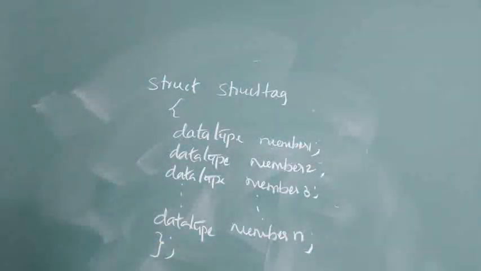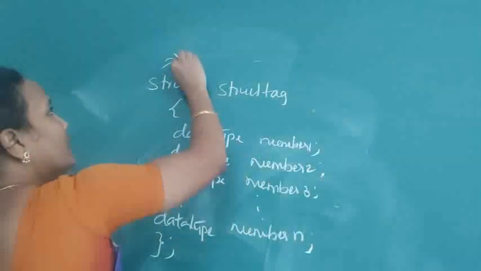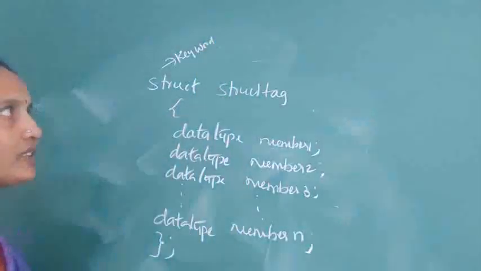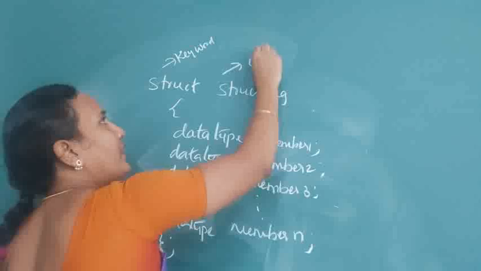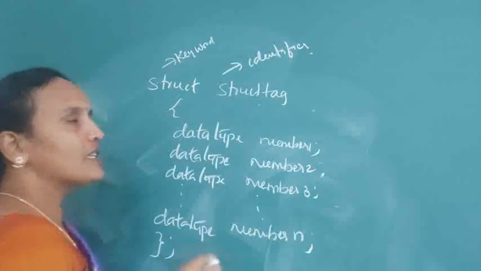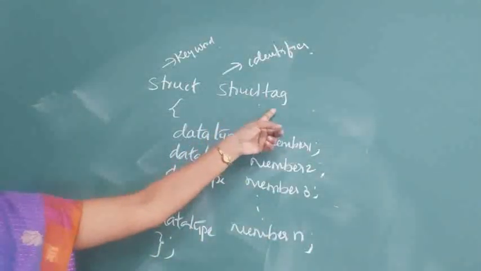So this is a structure definition. struct is a keyword, and the struct tag is an identifier. I think you all know the identifier: this name is given by the user. The structure tag name is given by the user, which is why it is called an identifier.